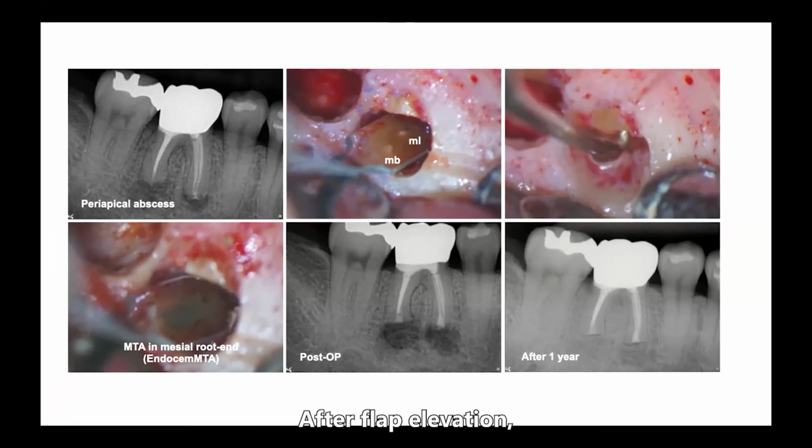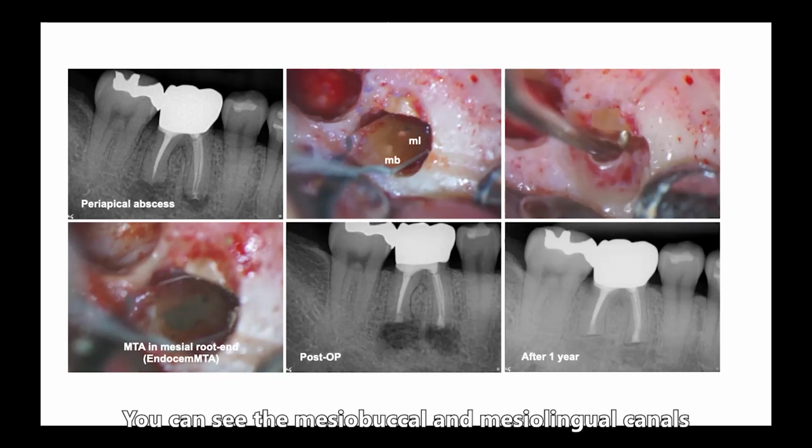After flap elevation, the roots were resected 3 millimeters and inspected with the micro-mirror. You can see the mesiobuccal and mesiolingual canals on the resected root surface.